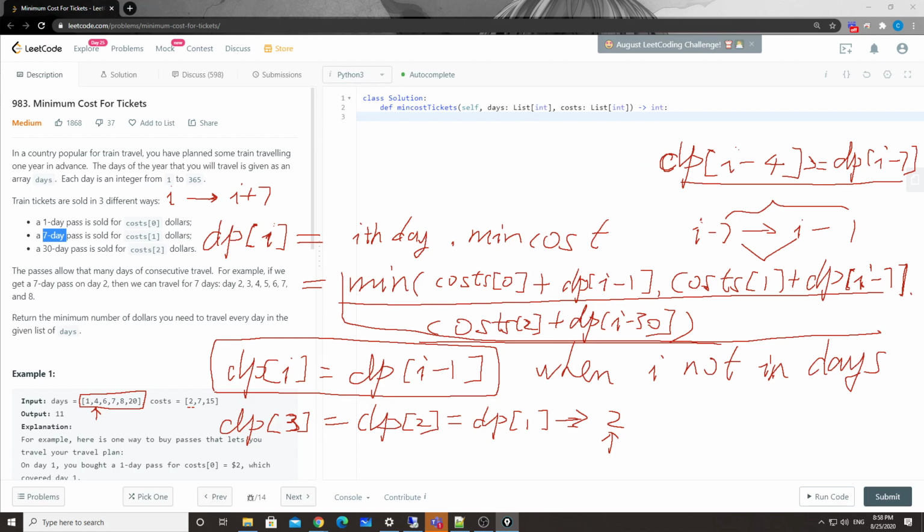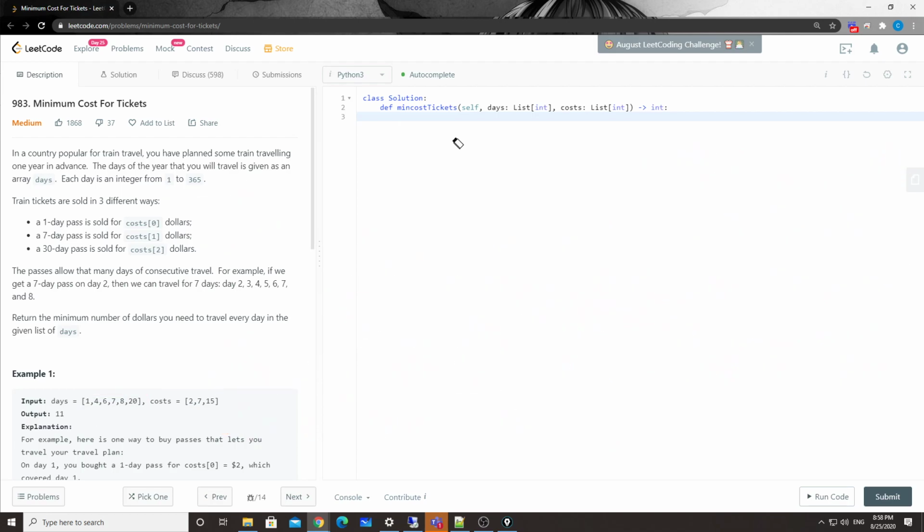I'm going to use both the top down and bottom up solutions to solve this problem. Let's start with the top down, which is the recursive plus memorization. DP, I'll just define the I here. The I means the I stay.